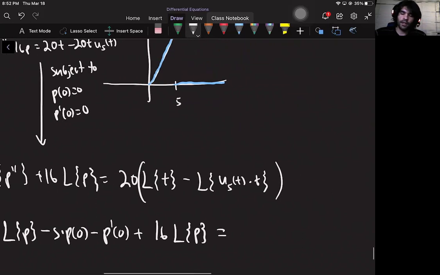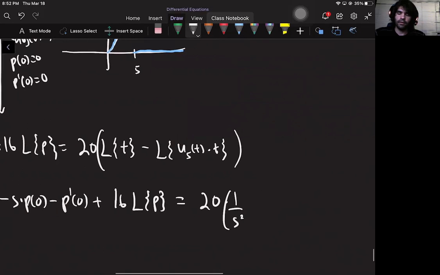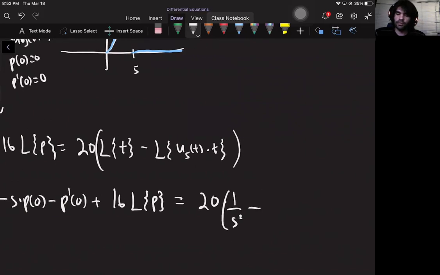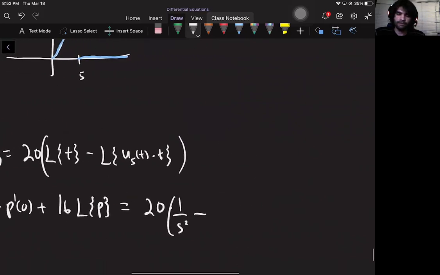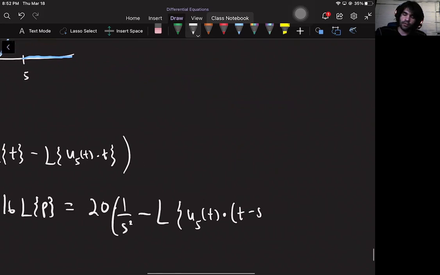And then on the right side, I can calculate some stuff. The Laplace transform of the variable t is 1 over s squared, if I remember right. And for the Laplace transform of something like this, first of all, I need to make sure that the function is shifting over by 5. So I'm going to subtract 5 and add 5 to make it the same.